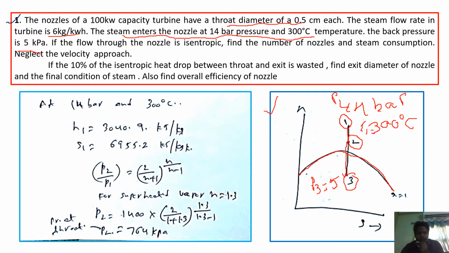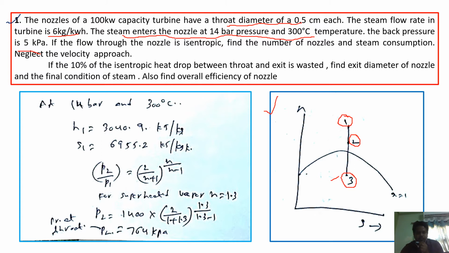Now we have to find the enthalpy, entropy at each point: enthalpy, entropy at point 1, at point 2, at point 3. Which means S1, H1, S2, H2, S3, H3 we have to find out from the steam tables.